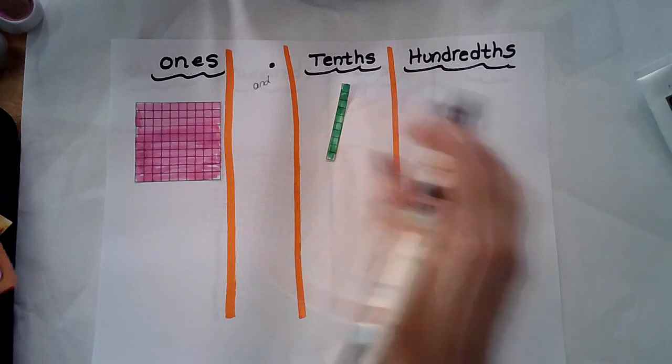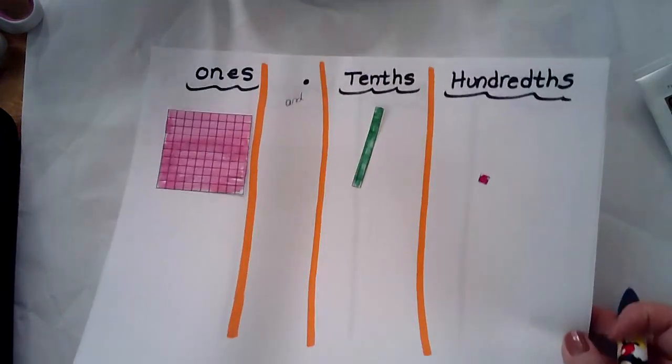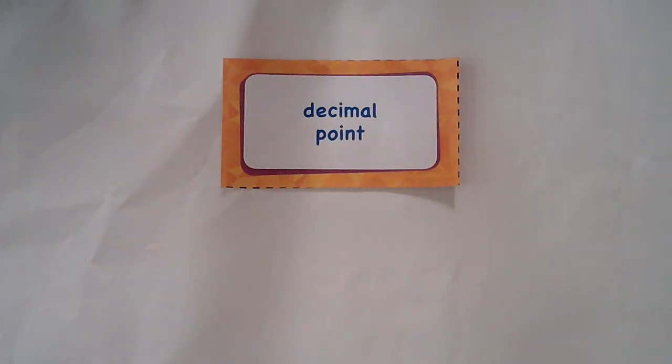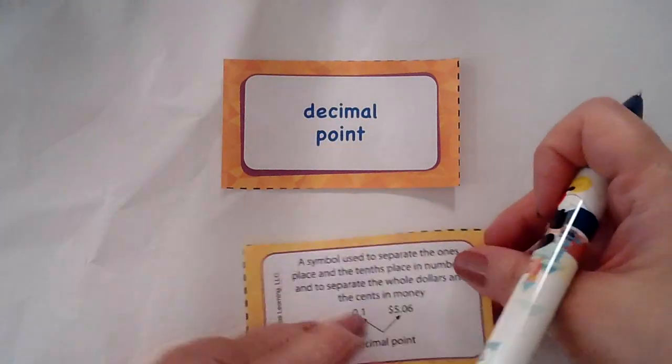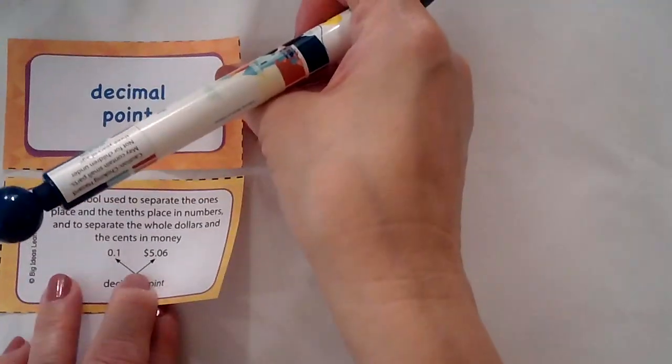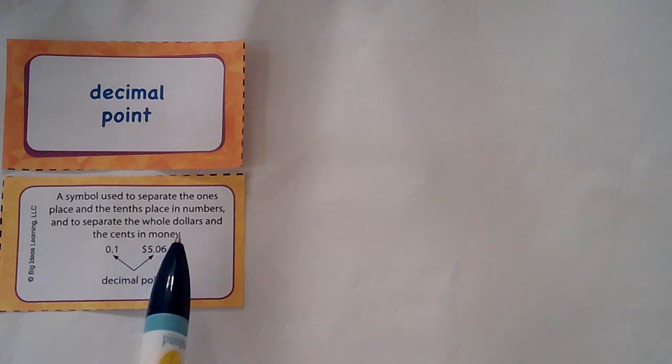All right. Let's look at some vocabulary words that you're going to be working on today. The first one is decimal point. If you have a pencil and paper, that would be great for taking notes because you're going to need to know these terms. Decimal point is a symbol used to separate the ones place and the tenths place in numbers, and to separate the whole dollars and cents in money.